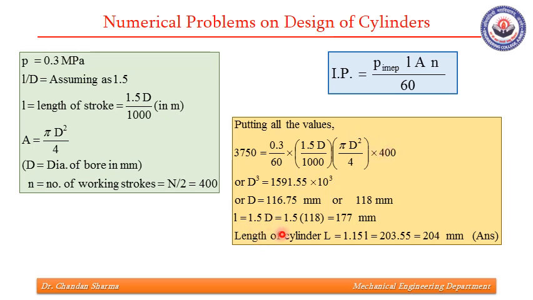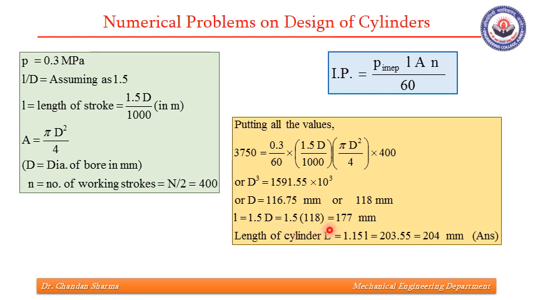So D comes out to be 116.75 mm, or we can say, rounding off, 118 mm. And since length of stroke was 1.5 times D, it will be 177 mm. Now we need to find the length of cylinder. Length of cylinder is 15% more than the length of stroke.